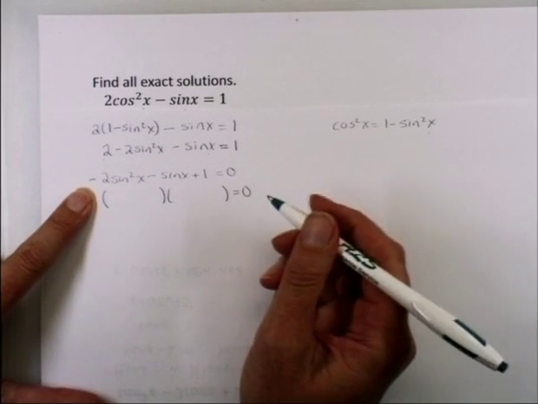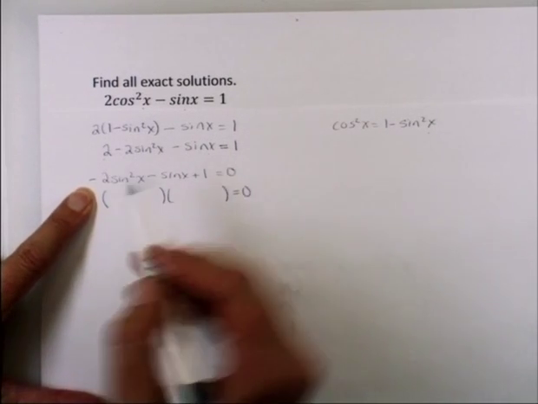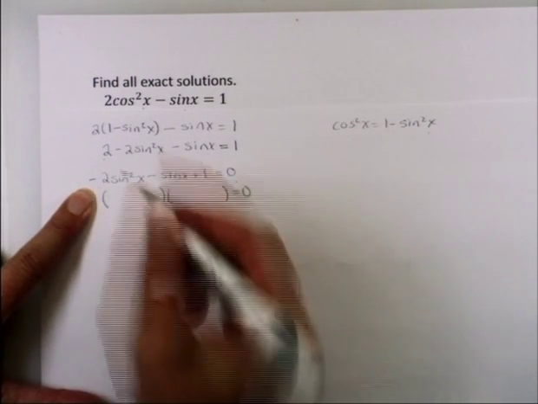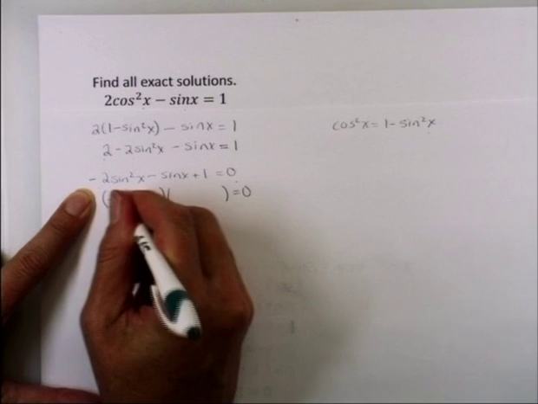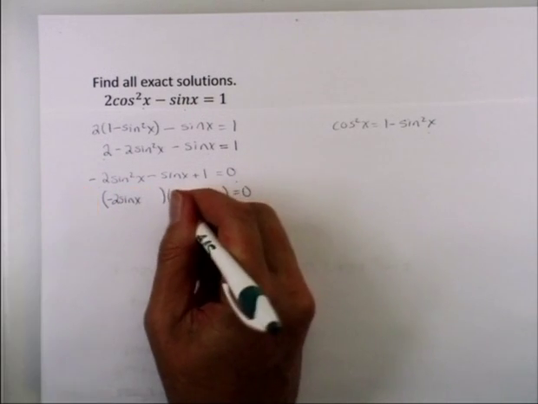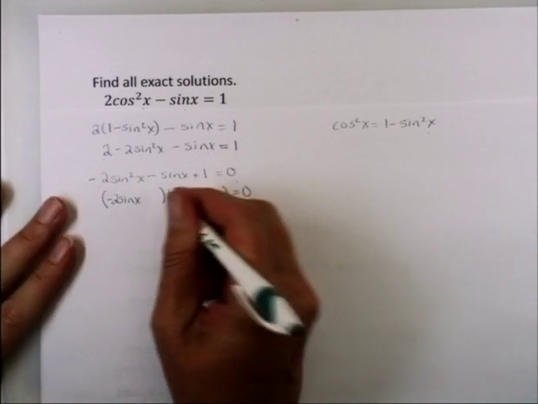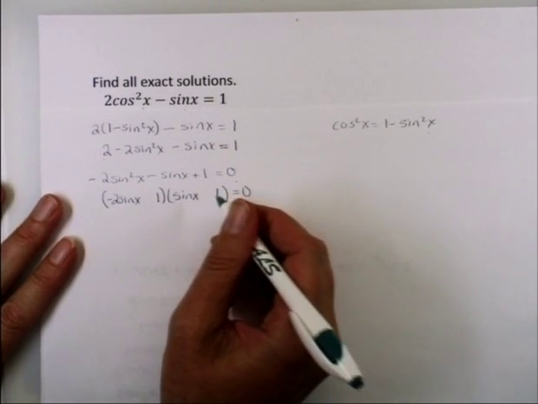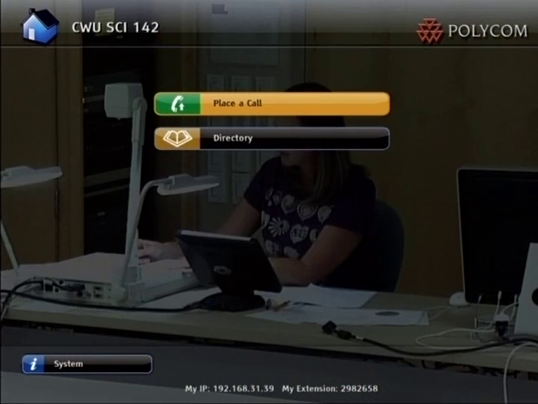It's harder for me to factor when I have a leading term of -2. If you want to, you could divide both sides by -1 to make this be positive. We'll go ahead and just deal with it today though. -2 sine of x, sine of x, 1, 1. These can either both be plus or both be minus. If I make them both plus, it's going to work for me.